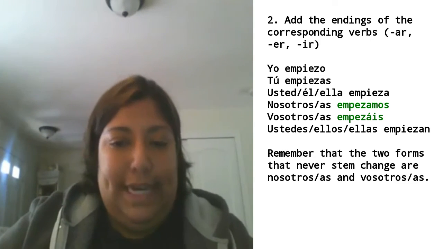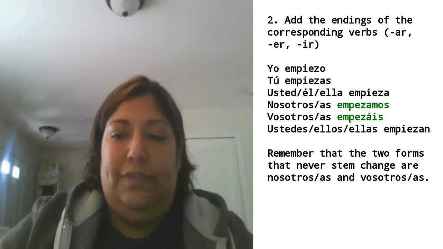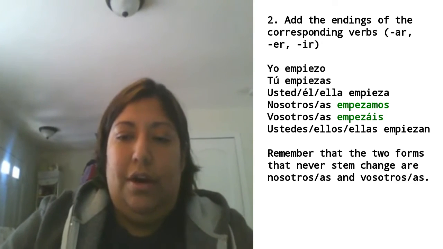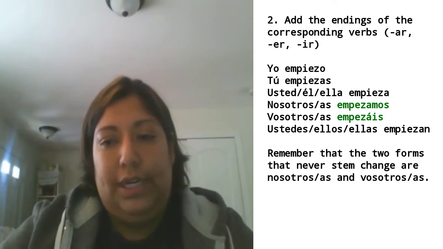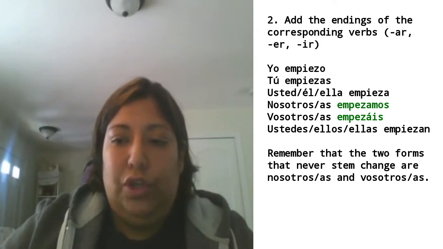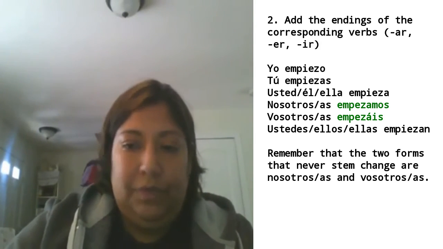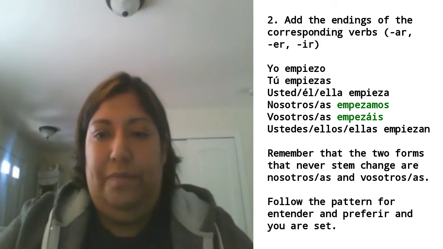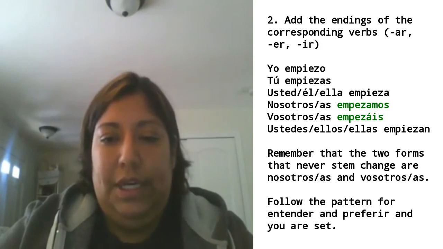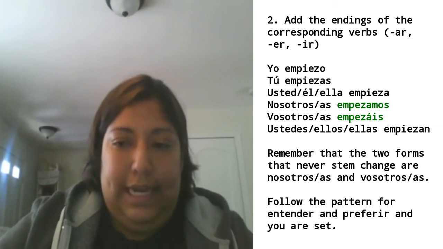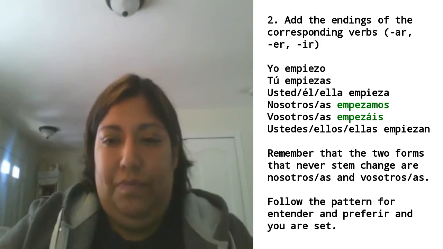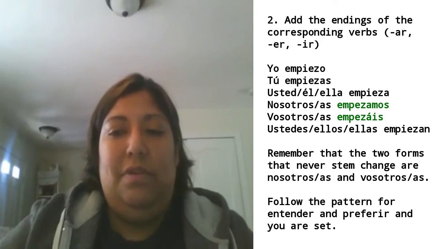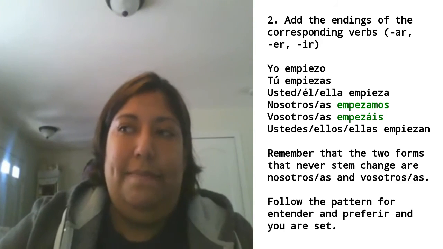Remember that just like tener, the two forms that never stem change with these verbs across the board are nosotros, nosotras, vosotros, and vosotras. If you take these directions or these rules for these verbs, any verb that stem changes in this way, E to IE, will do the exact same thing.